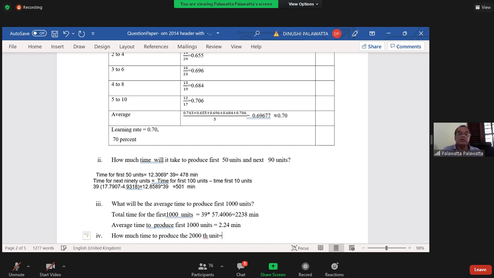Then you have to use the formula. You see, we always multiply by 39 because the time for the first unit is 39. So here we use the formula.